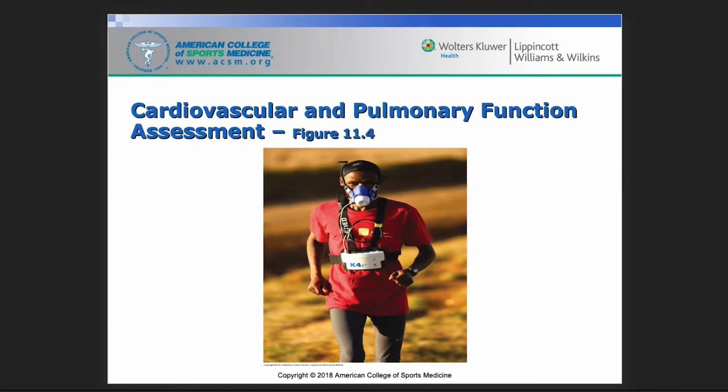Now, the Parvo cart, and there are a few like it, they're not 100% mobile. You can move them around. You can move them to different buildings if you want to, but you can't necessarily wear them on your back. You can't wheel them around a track or anything like that and run beside somebody. So one of the problems is that if we want to do something outside, usually we have to estimate their VO2, and we can do that in a number of different ways.